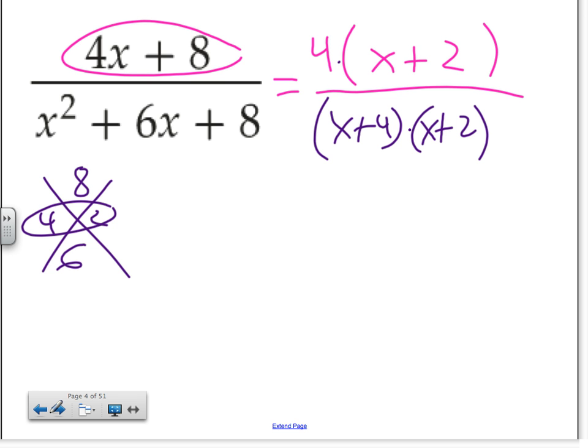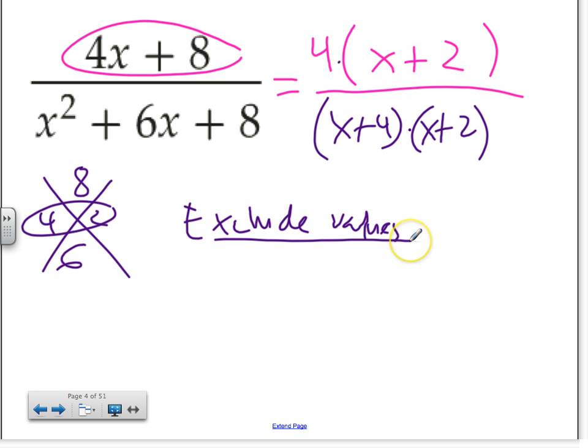But before we do that, I need to introduce you to the concept of excluded values. What are excluded values? Excluded values are the values that would make the denominator go to 0. And I just mentioned the word zero again. Did we cover something about 0 in chapter 8?